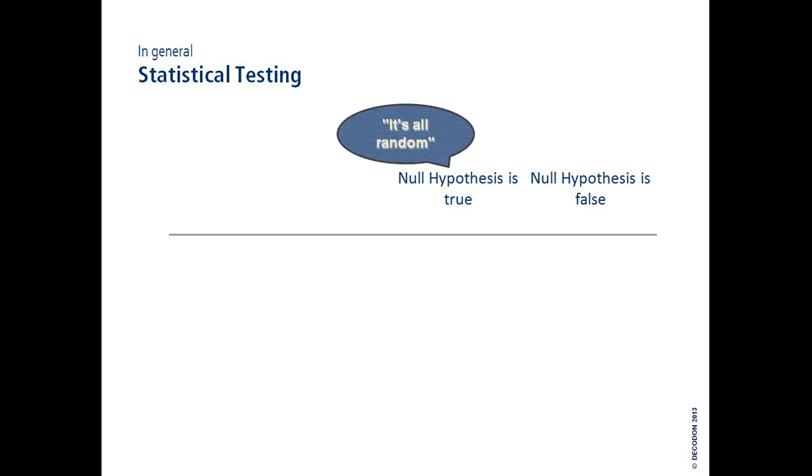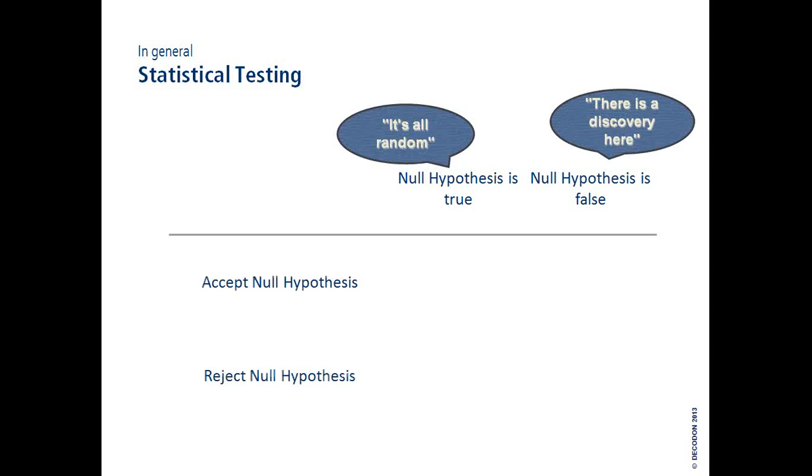If it's really true, then all your processes are just random, all your results are just randomly distributed, and there's no real impact of a certain condition. If the null hypothesis is false, then there is a discovery, there is a change in the data, and that means you should find it.